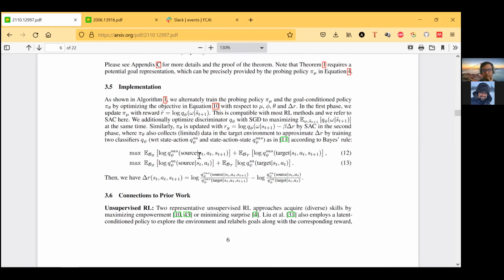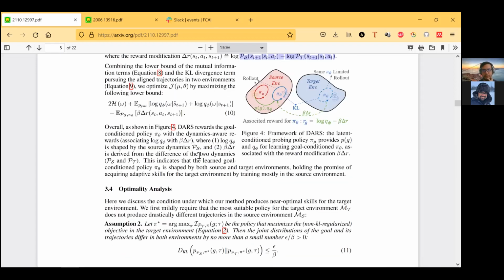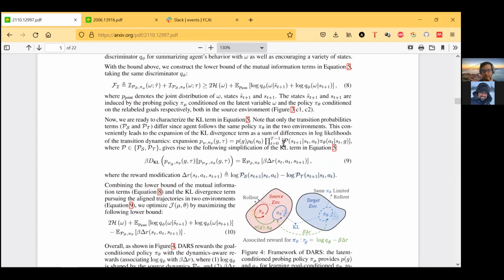And if you simply apply Bayes rule, here it's the probability of being in s_{t+1} given s_t, a_t, and being in the source environment. This is the meaning of this.